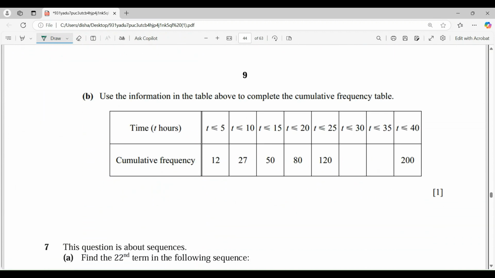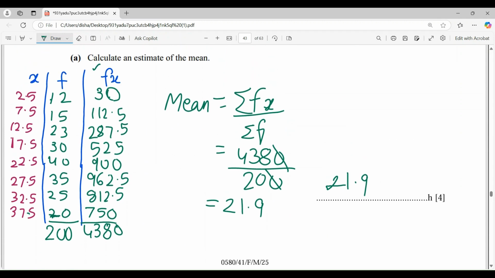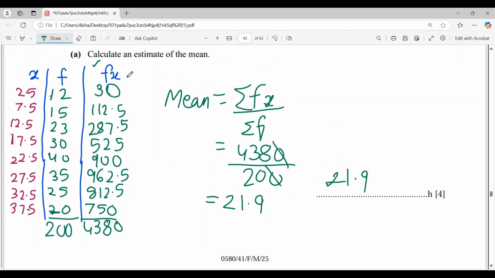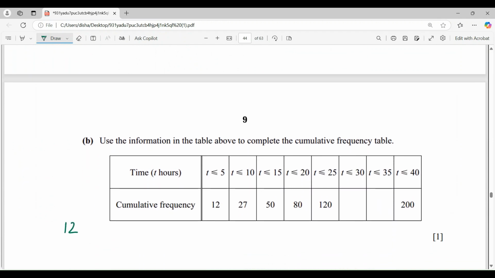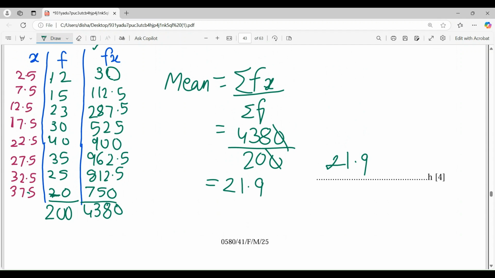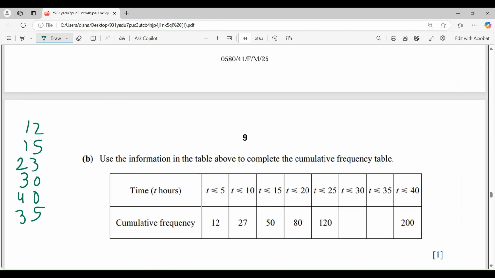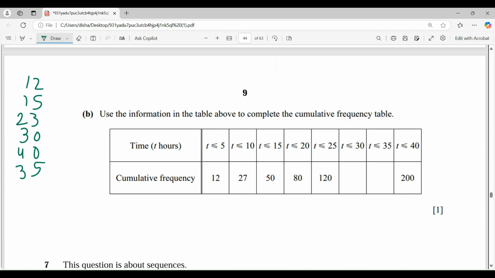That is 12, 15, then it is 23, 30, 40, 35, 25, 20.